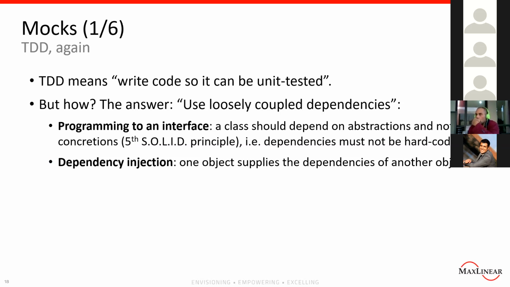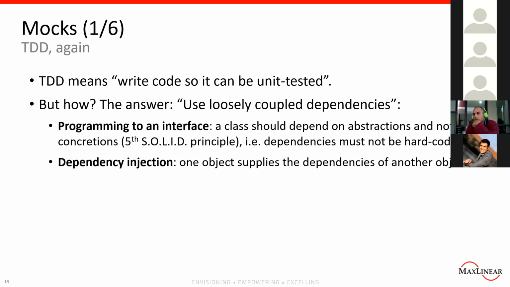Programming to an interface is writing our code in such a way that it depends on abstractions, on interfaces, and not on concretions or implementations. Put in other words, the dependencies must not be hard-coded. Or simply said, in our code, we should not call new to create an object which is a dependency.